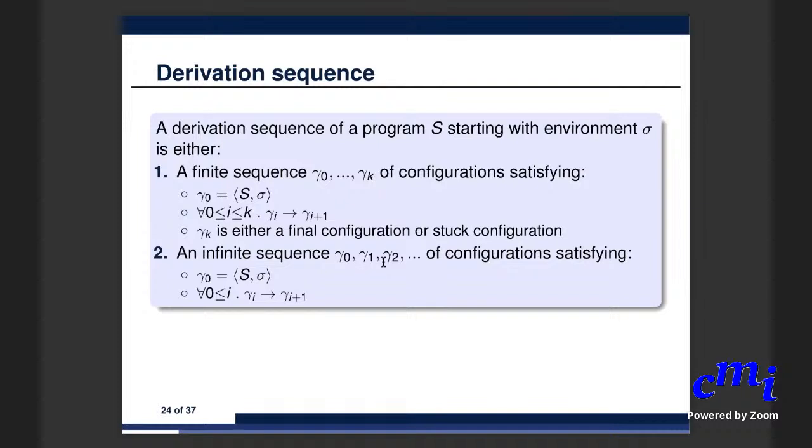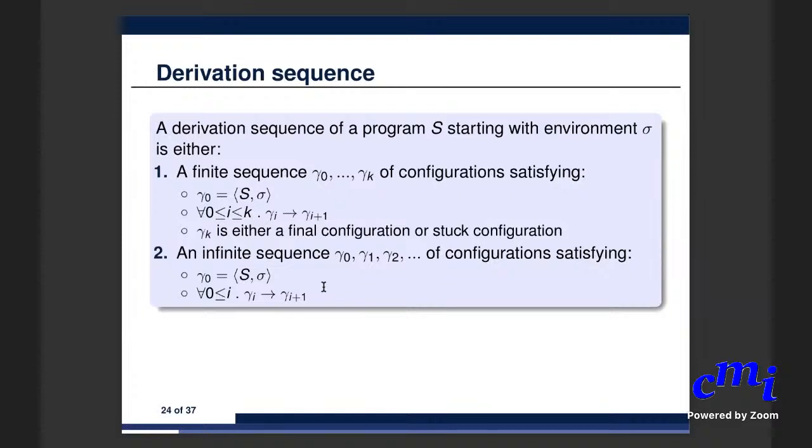Then you have an infinite sequence of configurations, a derivation in which sigma naught is the initial configuration, and for every i greater than or equal to 0, sigma i plus 1 is derived from sigma i by an application of one of the inference rules.